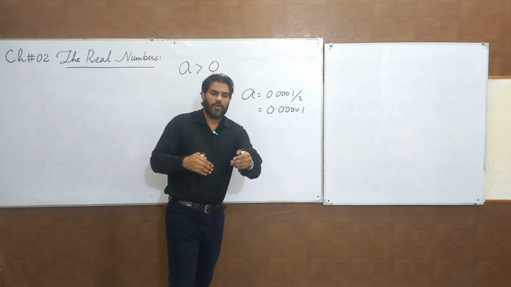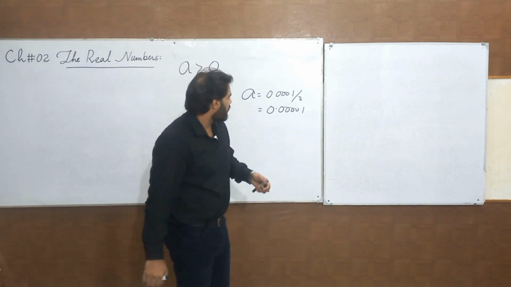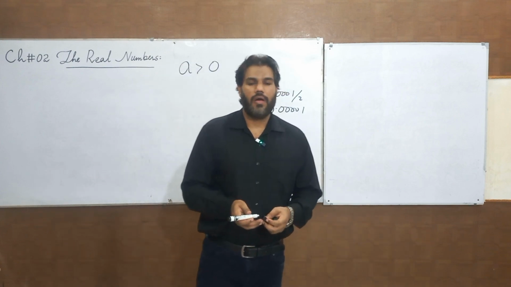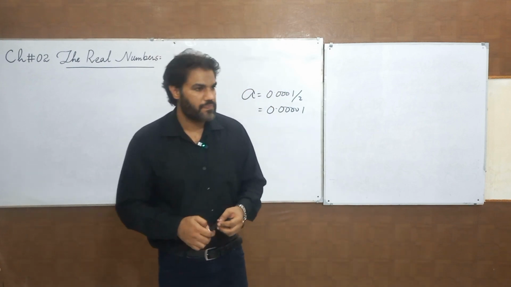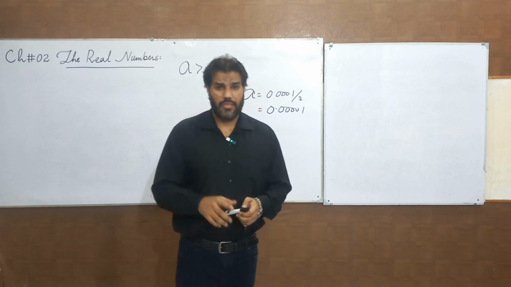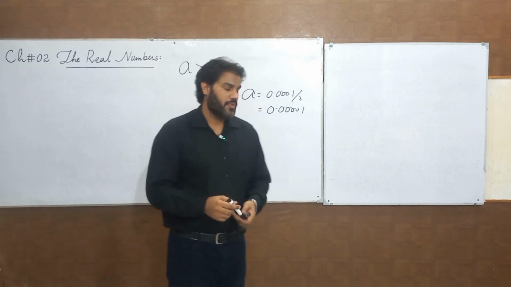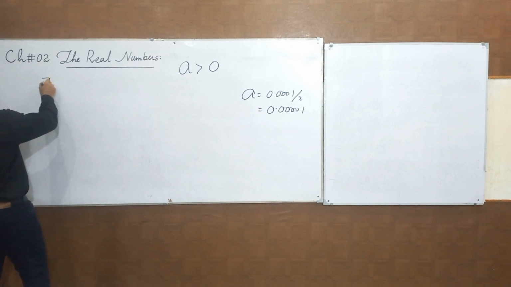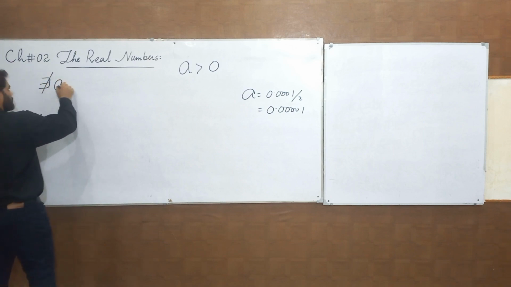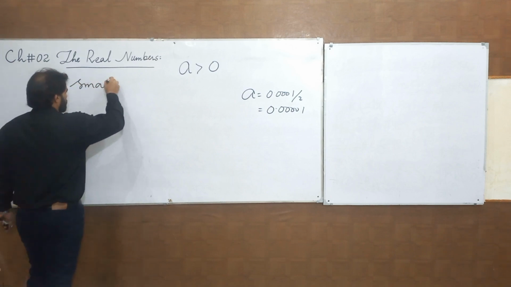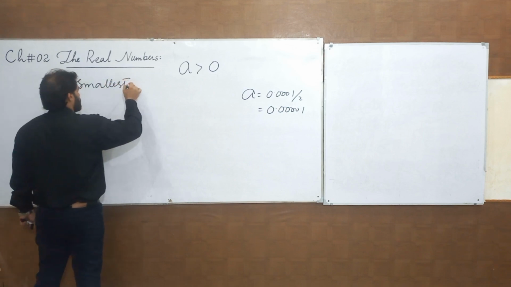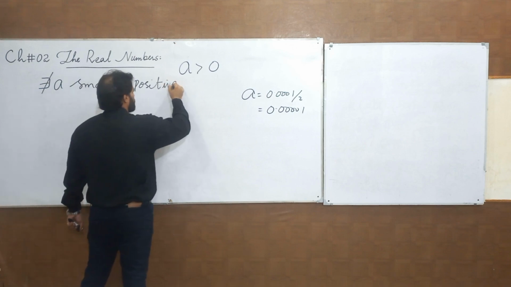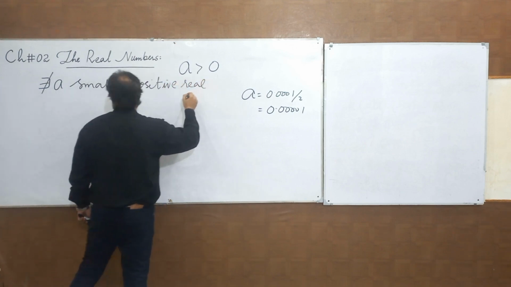If I continue this process, every time I halve the answer, the next one will always be smaller than the previous. So we cannot find the smallest real number. So we have a result: there does not exist a smallest positive real number in R.